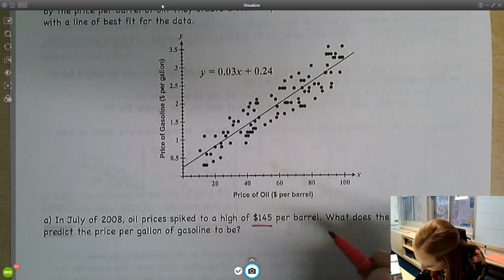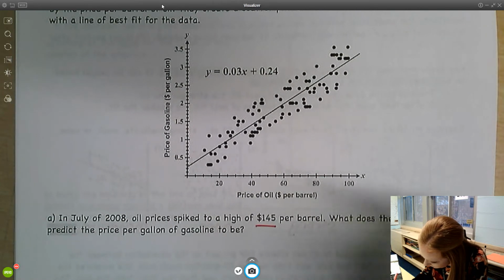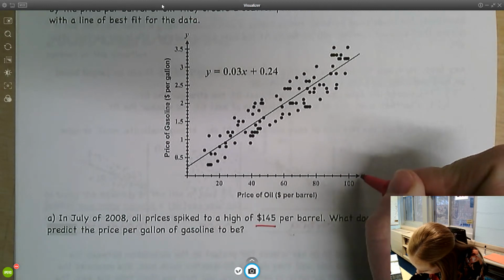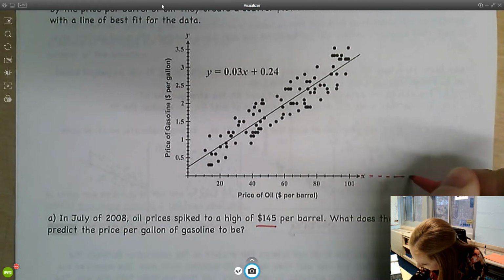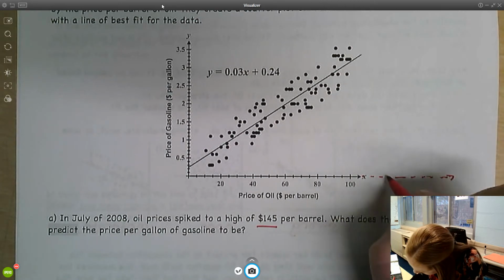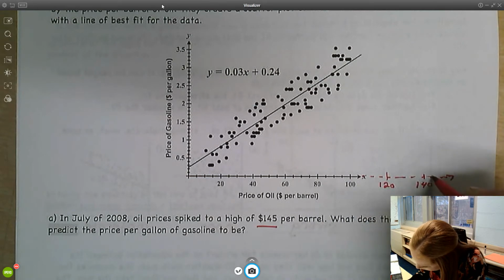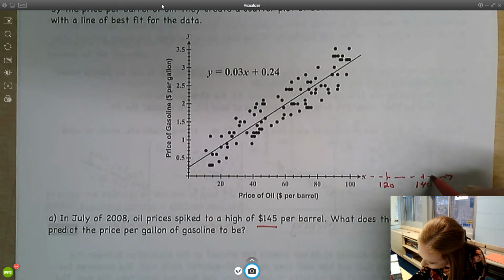Okay, so when it's $145 per barrel, that is not on here, right? So that's going to be off to the side here. If we kept going, at least we can estimate it. This would be like 120, right? We're counting by 20s. 140, so 145 would probably be somewhere over here.